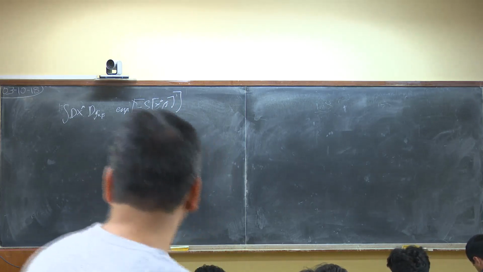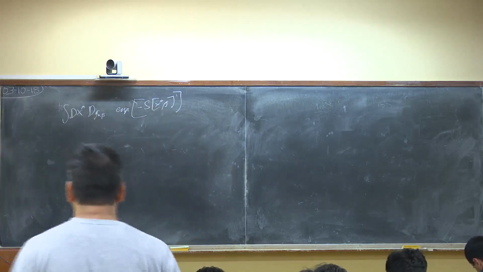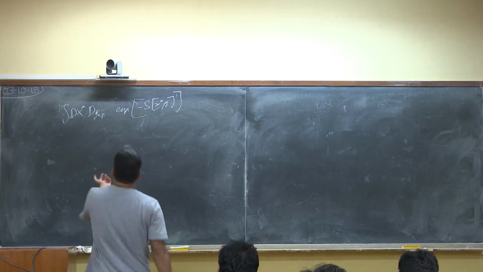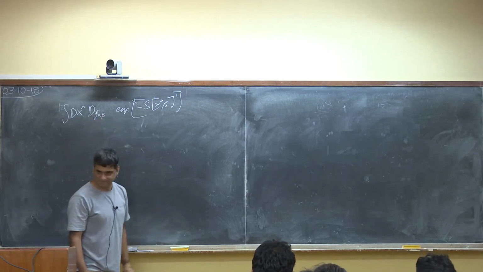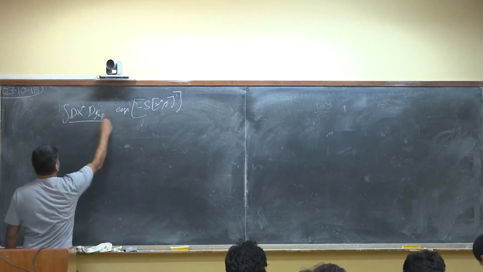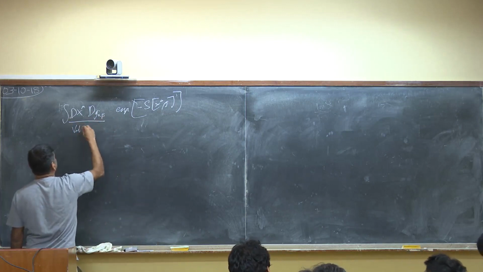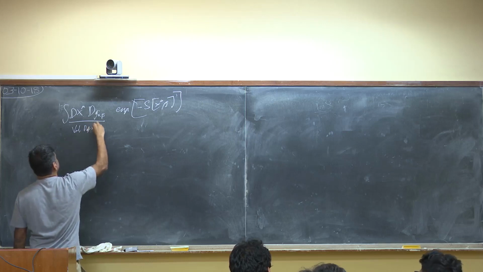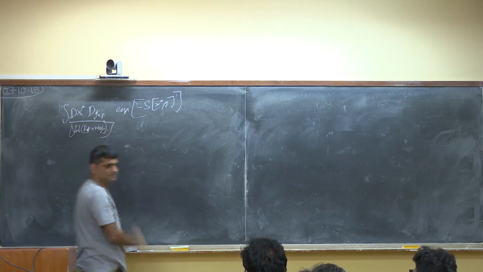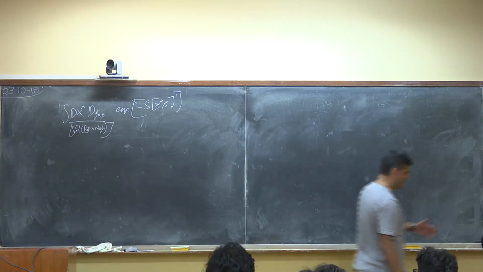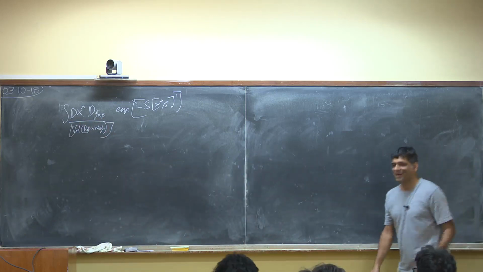But we wanted to compute this really remembering that diffeomorphisms and Weyl transformations were gauged in this section. So we put a volume of diff cross Weyl to remind us of that.